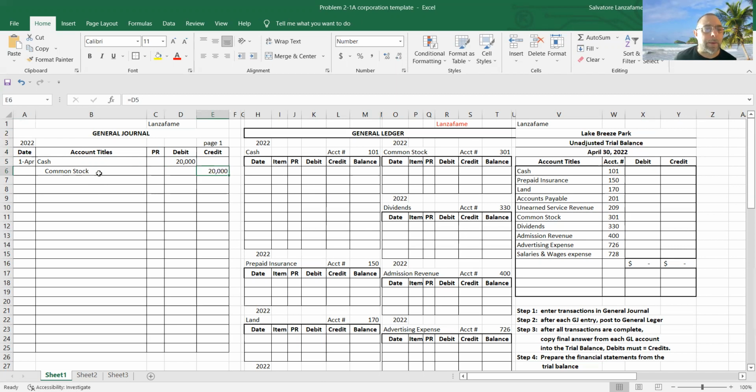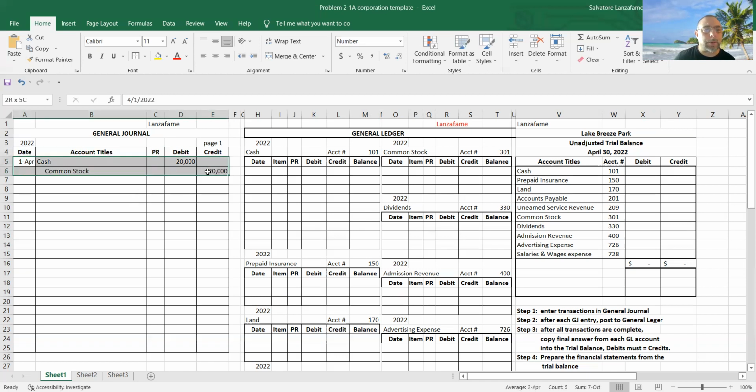So you must follow this. You can't put common stock credit and then cash underneath it as a debit. That's not right, even though your debit and credit are the right amounts, it's not the appropriate protocol. If you do it any differently than the way I'm doing it, you're doing it wrong. Make sure you follow the right procedure.